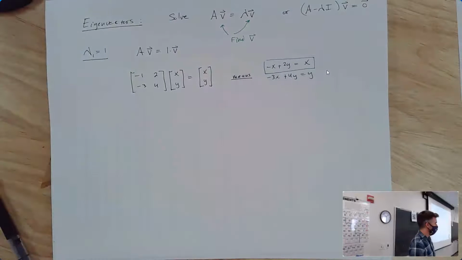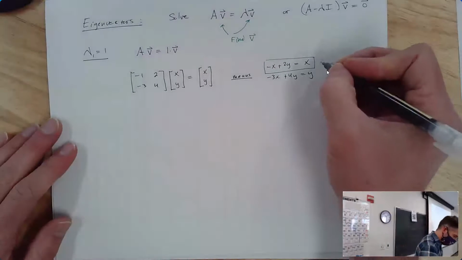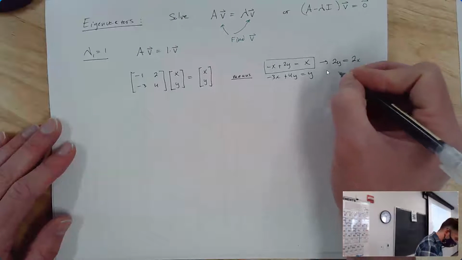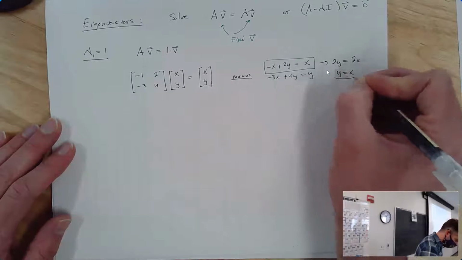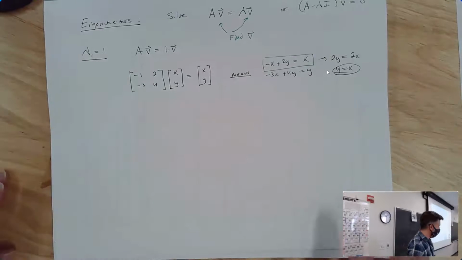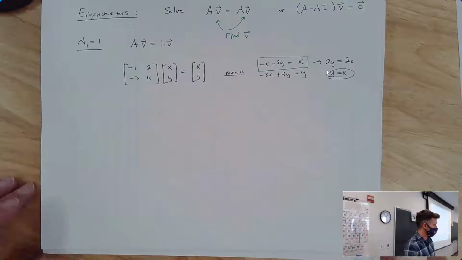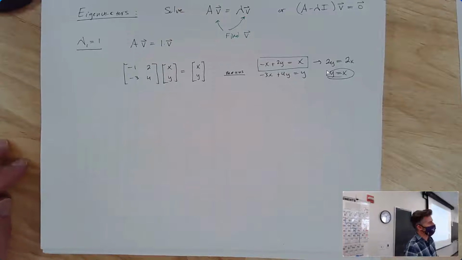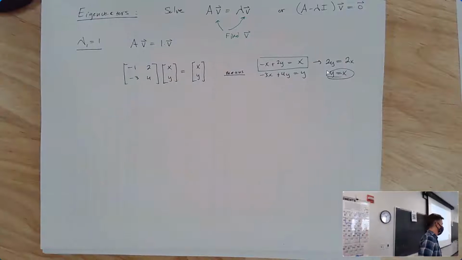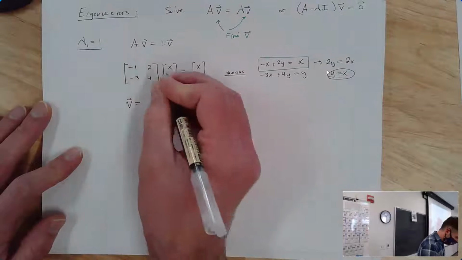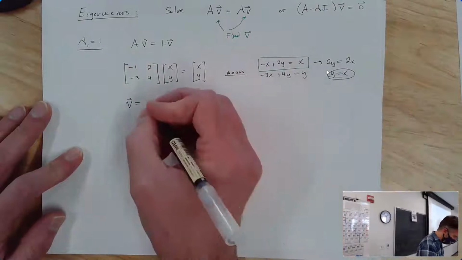Let's isolate y. So I'm going to get 2y equal to 2x, y equals x. Pick any number for x you want except for 0. 1 is the standard choice. You could pick 6, you could pick a billion. We're going to pick 1. So the eigenvector here, which is (x, y), is (1, 1).